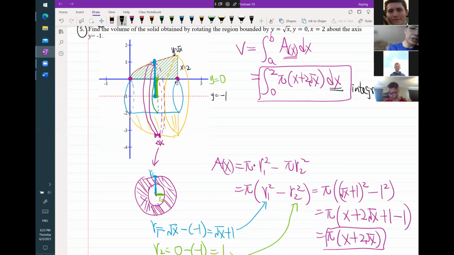Go back to the shaded region that we began with. That shaded region covers x values from the origin, so x equals 0, all the way to the vertical green line, x equals 2. So the x value has to be between 0 and 2. Those are the boundaries of integration.